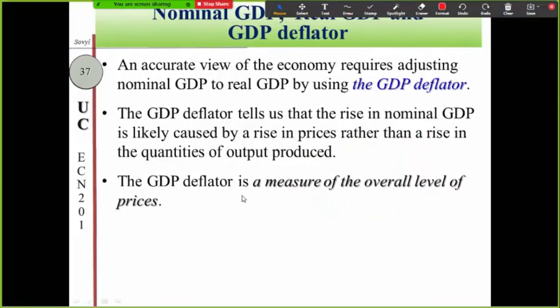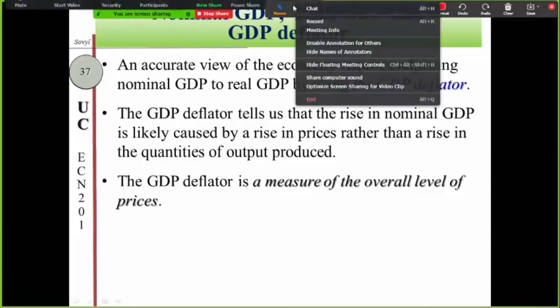The GDP deflator is a measure of the overall level of prices. It is an index, or indicator, that tells us the overall level of prices.